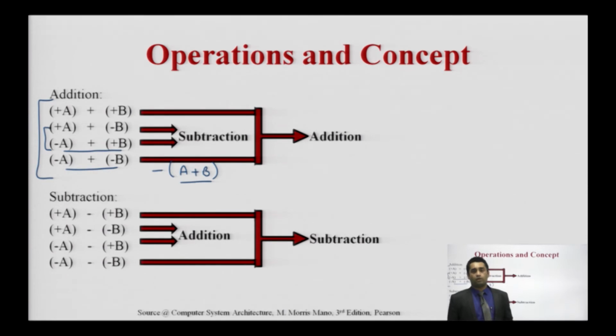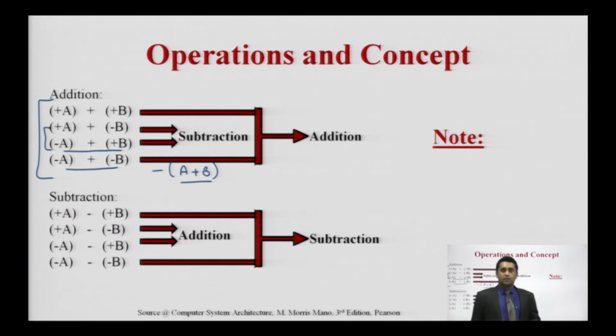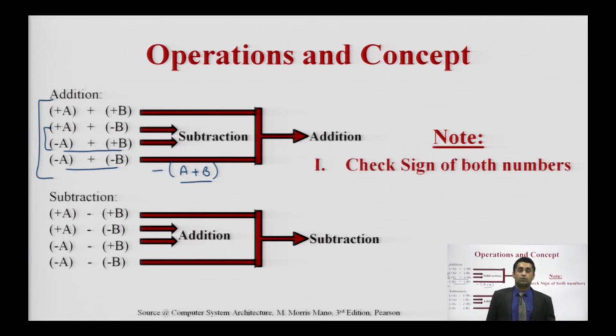This is important: it is not always the case that when we talk about addition we actually perform the addition part. No, it is not true. As we see in this example, the first thing is that we focus on the signs.